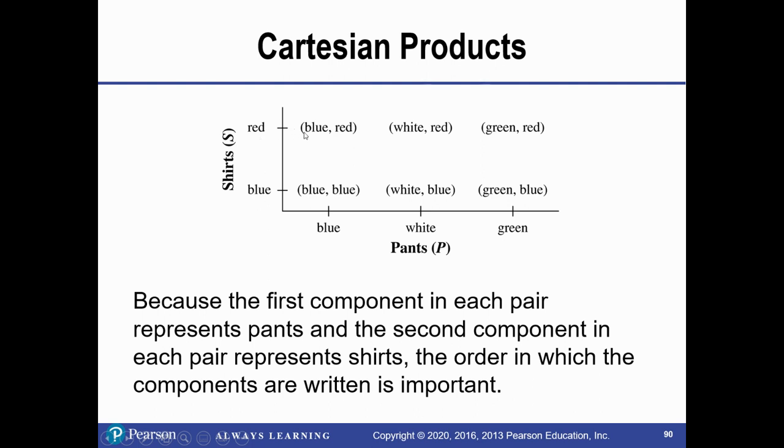And then we can compare each X and Y, or each pants and shirt. Now, the first component in each pair represents pants, and the second component in each pair represents shirts. So the order in which we pair these is important. We have to be consistent with this.